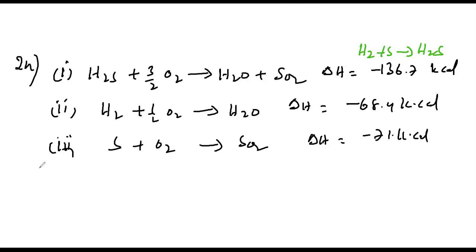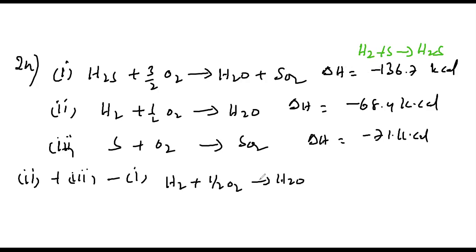So what you have to do? Equation 2 plus equation 3, minus equation 1. Equation 2 is H2 plus half O2 gives rise to H2O.